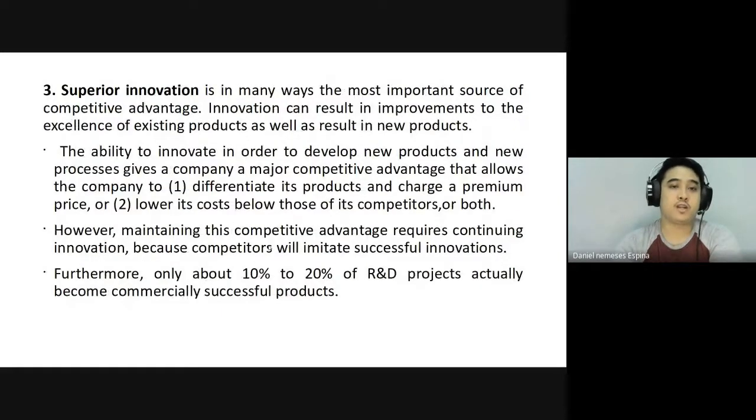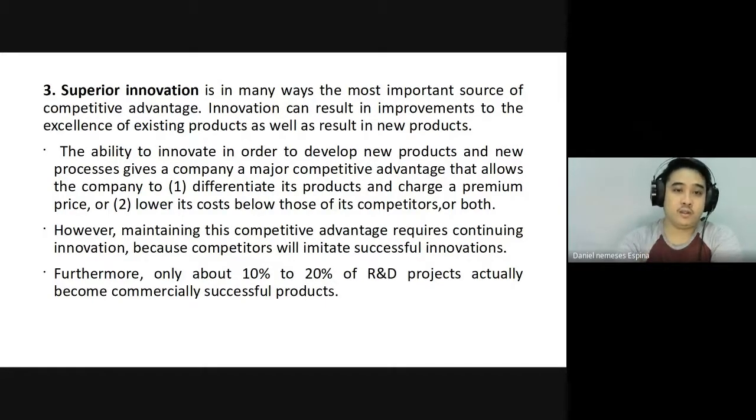So another goal of the functional level strategy is superior innovation. Okay, so in many ways, it is actually the most important source of competitive advantage. Innovation can result in either improvement of the excellence of the products, or it can result in entirely new products that will cater to the needs of the customers.